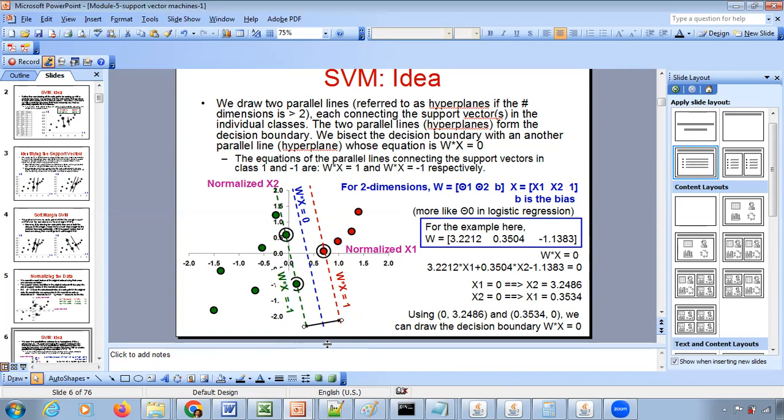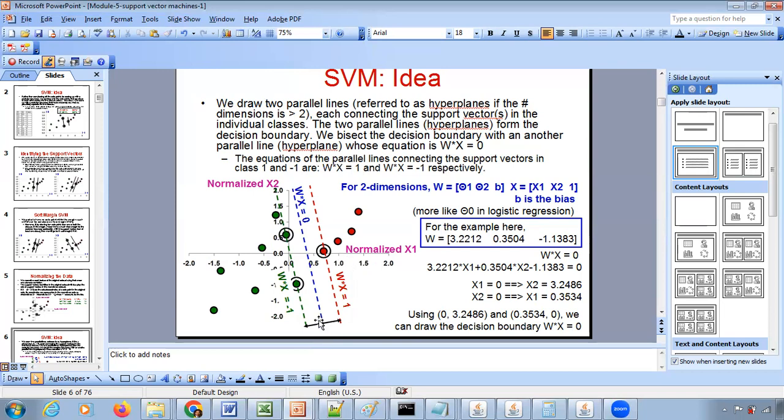Okay. And so the equation of this line that connects the class 1 support vectors will be Wx equals 1. And the equation of this line that connects the class -1 support vectors will be W times X equals -1.